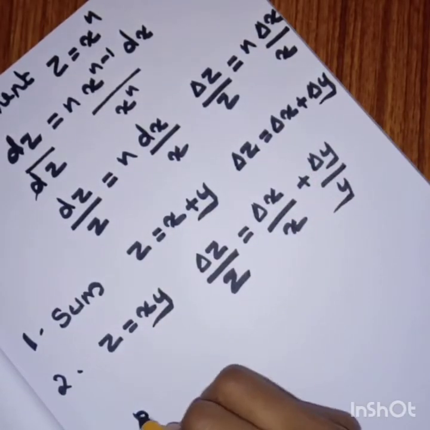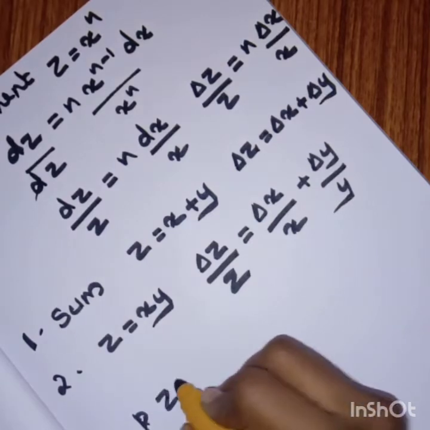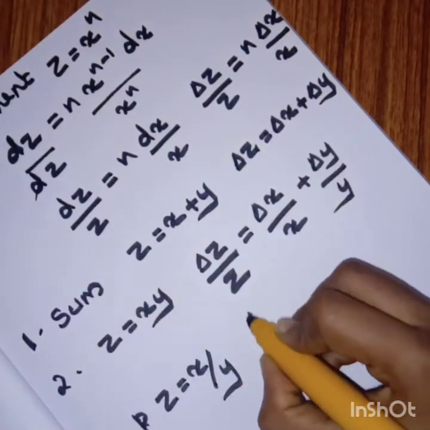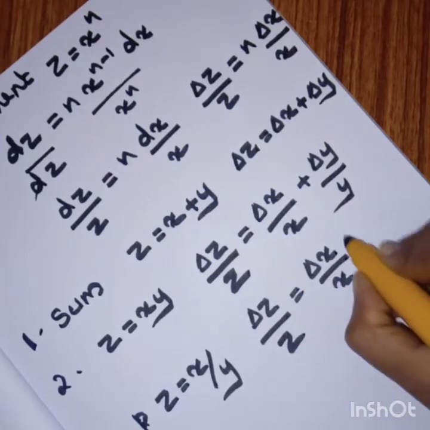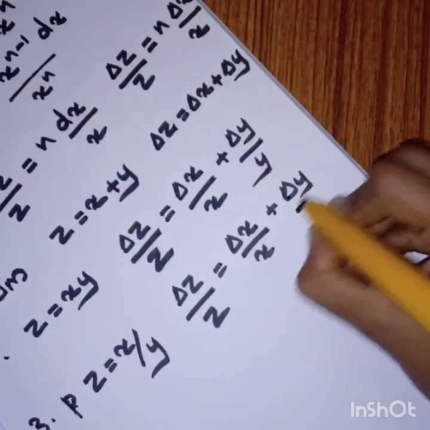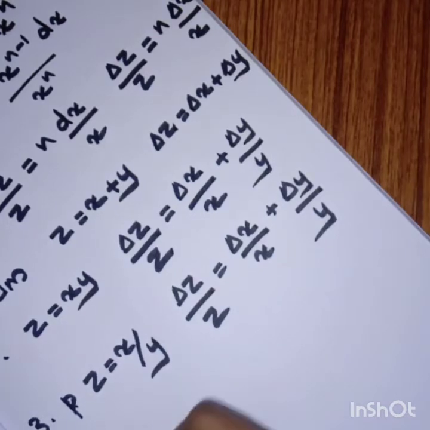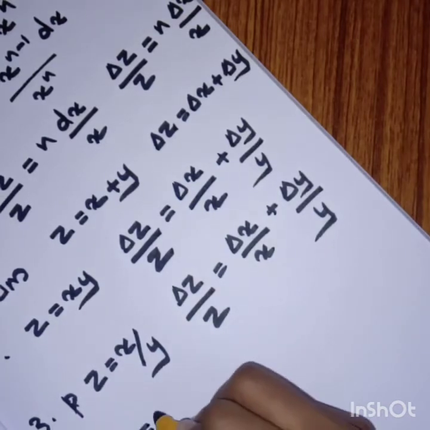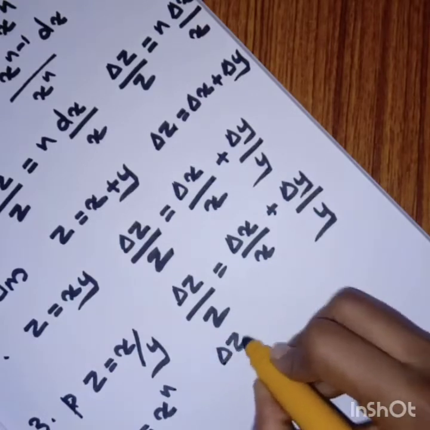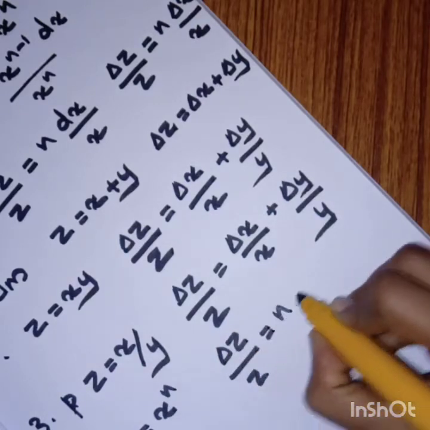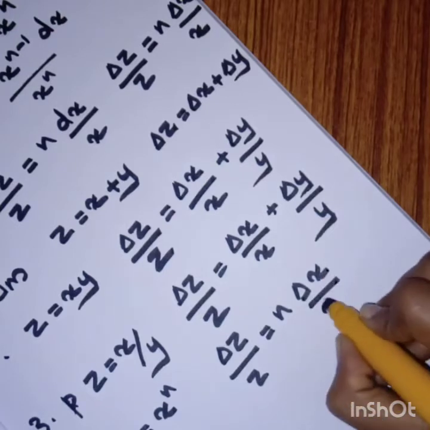Third one is the quotient rule. z is equal to x by y, delta z by z is equal to delta x by x plus delta y by y. Fourth one is the exponential rule. z is equal to x power n, delta z by z is equal to n delta x by x.